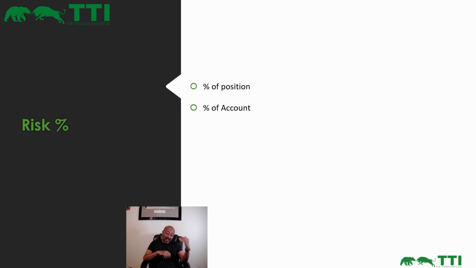I'm risking 25% of that position size, not the account size. Let me repeat that. Let me make it clearer. 1% of account size does not mean 1% of position size.